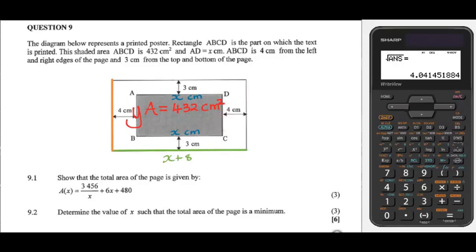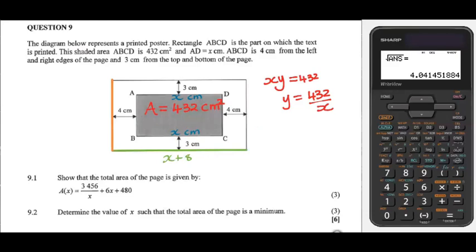Then x times y should give me 432. So y should be 432 all over x.